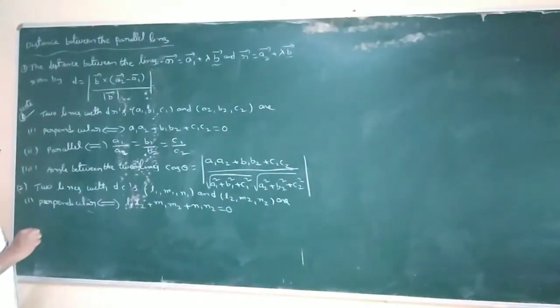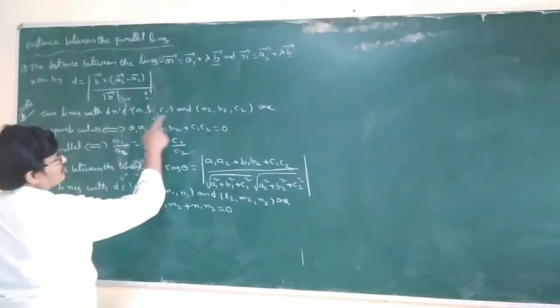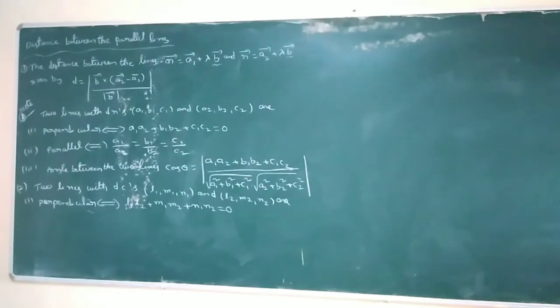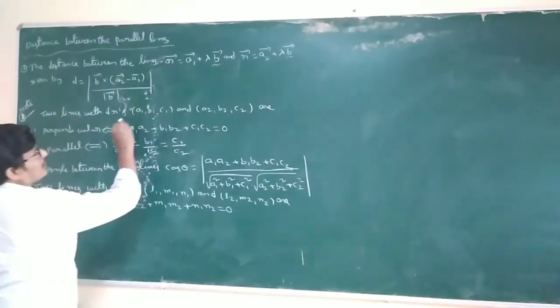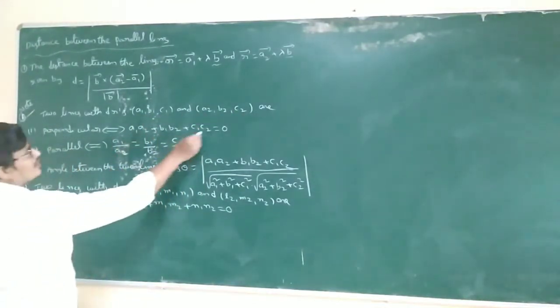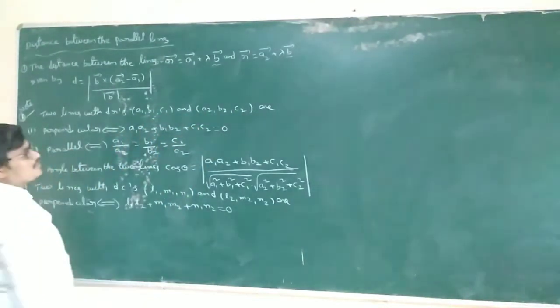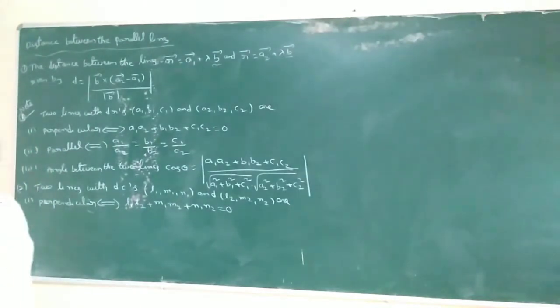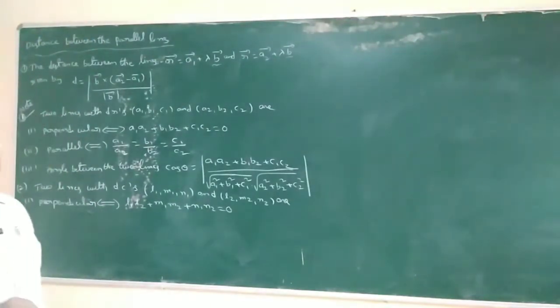Show that, for example, a problem. Which type of problem? Show that the direction ratios of two lines are perpendicular. So apply: first line A1 B1 C1, second line A2 B2 C2. Apply the condition A1 A2 plus B1 B2 plus C1 C2. That value equal to 0 means the two lines are perpendicular.